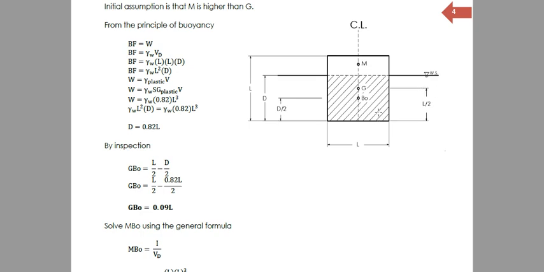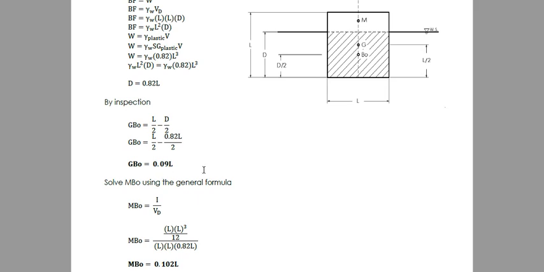And then BO is D over 2. So by inspection, GBO is equal to L over 2 minus D over 2. Now, GBO is equal to 0.09 L.